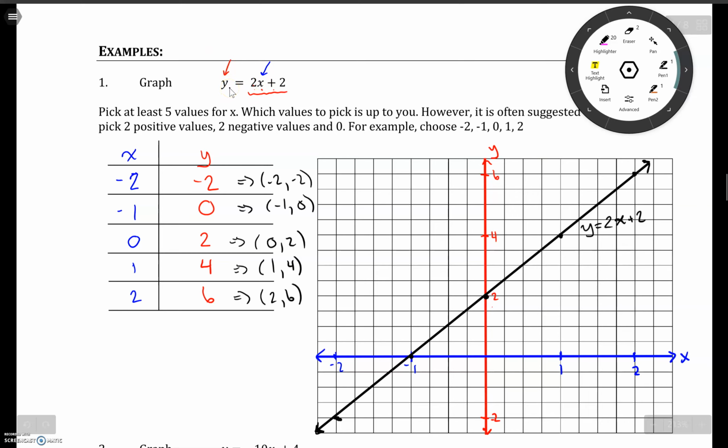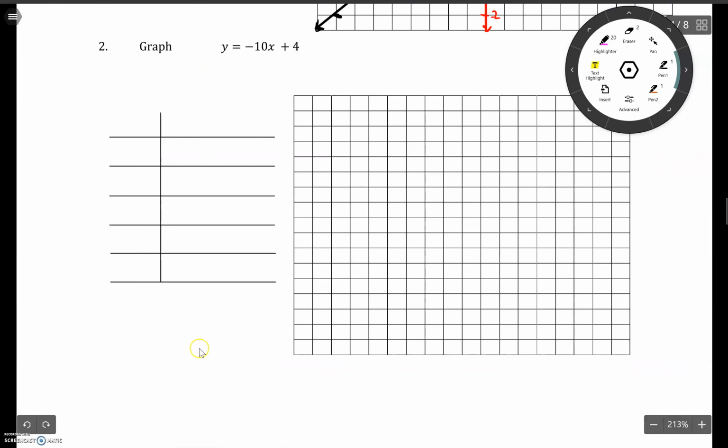After we had our table of values created, we drew and labeled our x-axis and our y-axis. Next, we plotted the points and connected the points with a line. Our final step was to label the line with the equation. Okay, now that we've done one example together, try the next example on your own.